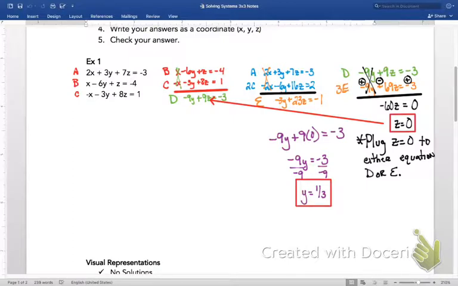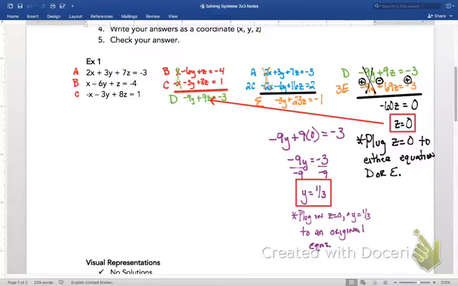Now I'm basically going to plug in z equal to 0 and y equal to 1/3 into an original equation.